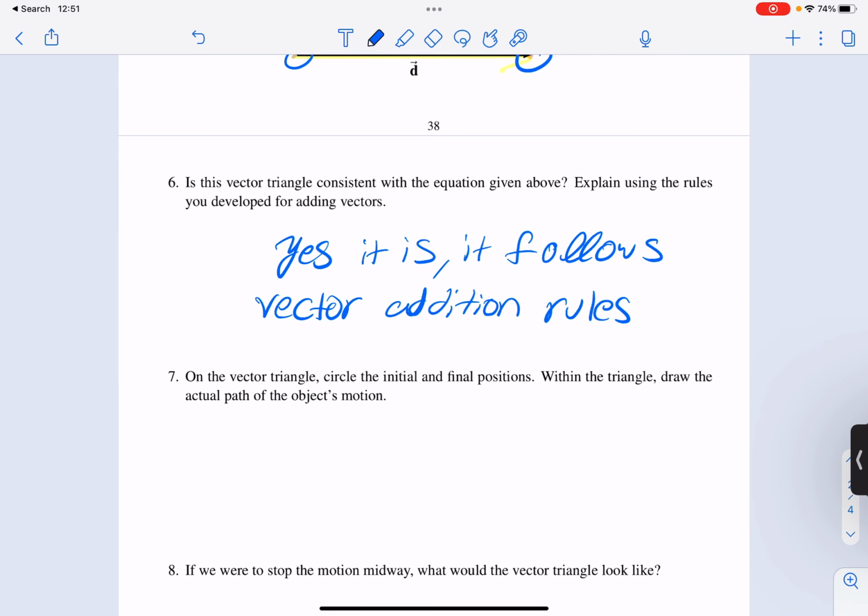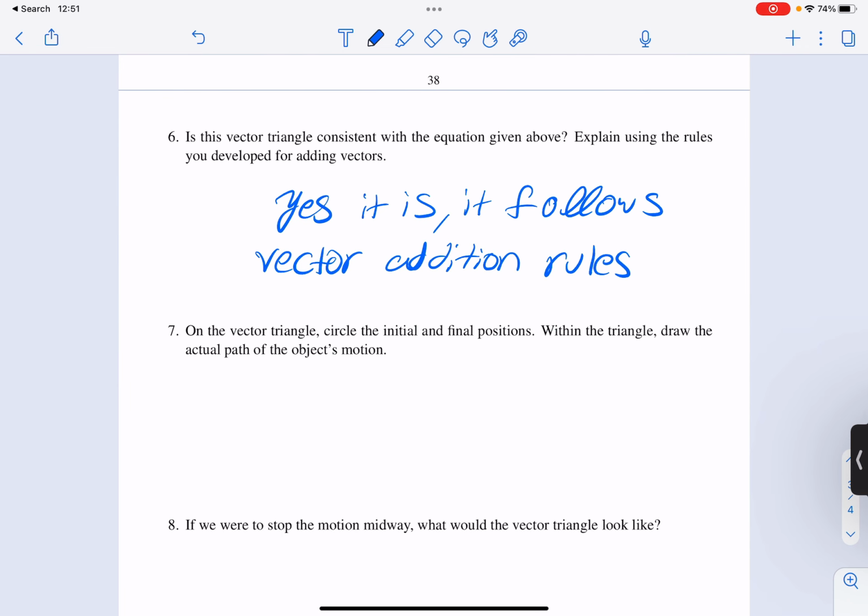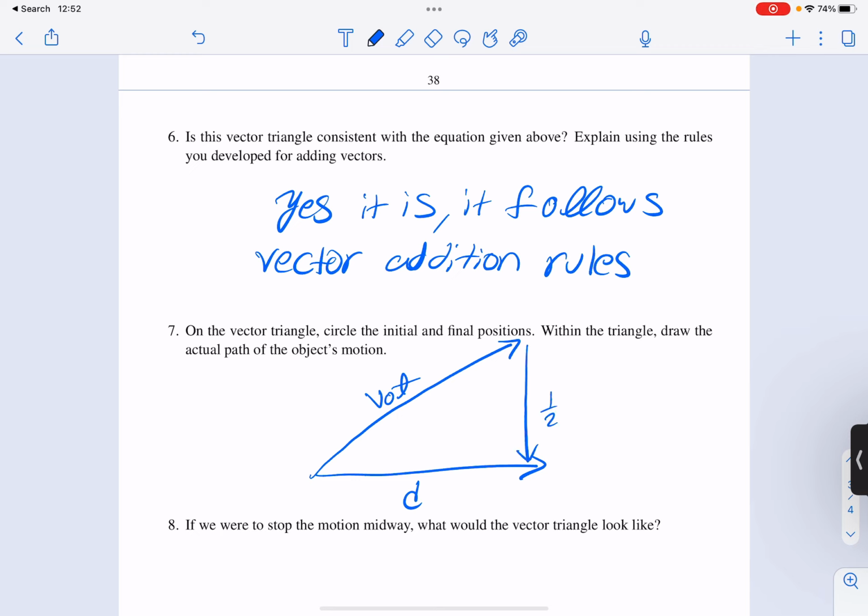So now what happens is we have our total displacement was this way, but it was shot up at an angle. This is our initial velocity. And then it went straight down. This is our acceleration. So this is actually an object being thrown. It was thrown up at this angle, and as it travels across the room, it goes back down.